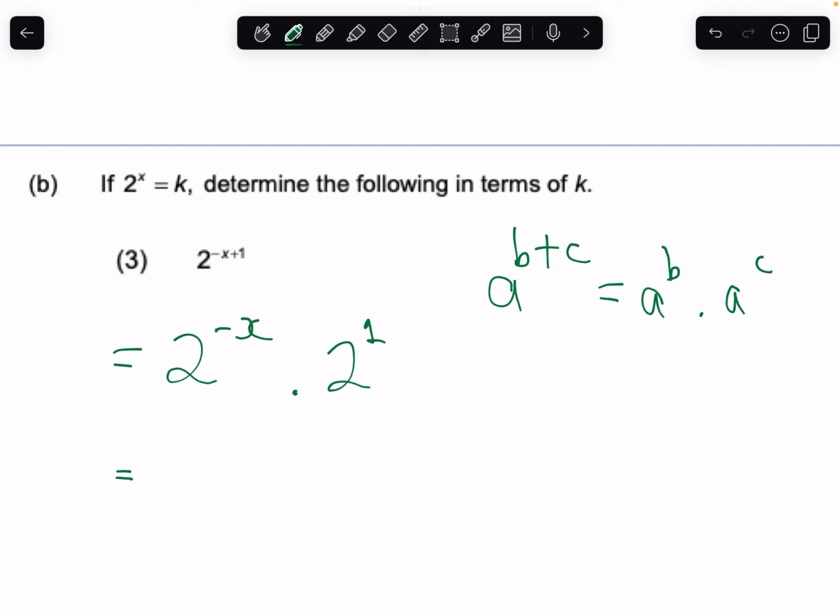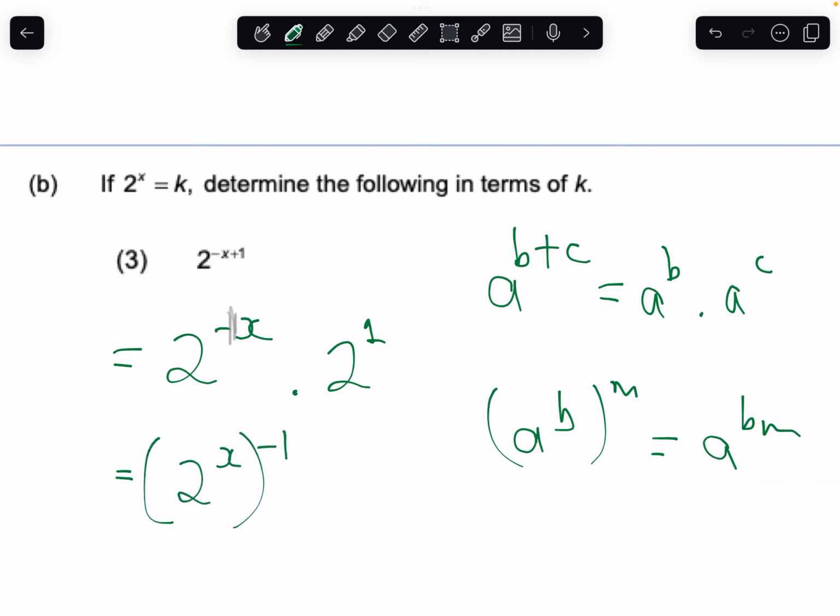Now we've got this minus in front. To make it very clear, that's just the same as negative 1 times x. So again, we can use this rule to rewrite 2 to the negative 1x as 2 to the x raised to the negative 1, because then that'll be negative 1x if you multiply them together.